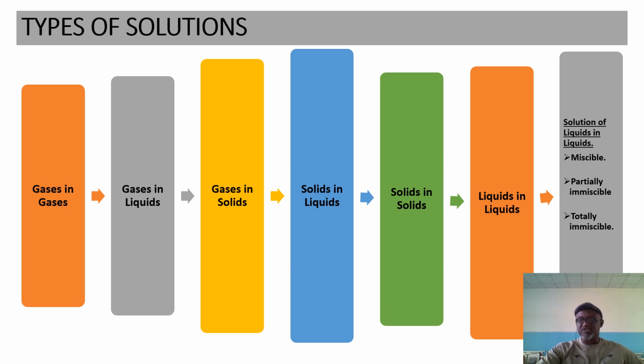There are some that are miscible, that is, in all proportions, you mix them together and they will mix. Whereas there are some that are partially miscible, it's not possible that you have a complete mixture. Some will dissolve to some extent, while the other will not. We will say partially immiscible. And then, of course, we have totally immiscible.